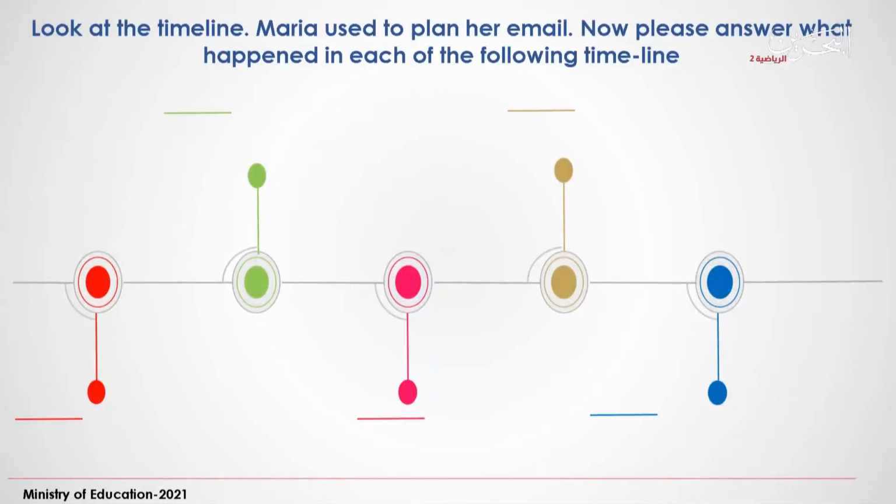Now, what I want you to do is look at the timeline Maria used to plan her email. Please answer what happened in each of the following timelines. Also, if you need to go back to the previous slide to read the paragraph again, please feel free to do that. You just have to pause the YouTube or the audio and go back to the previous slide.